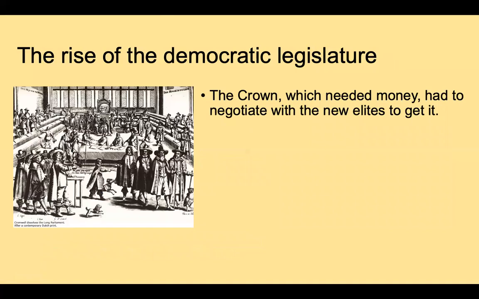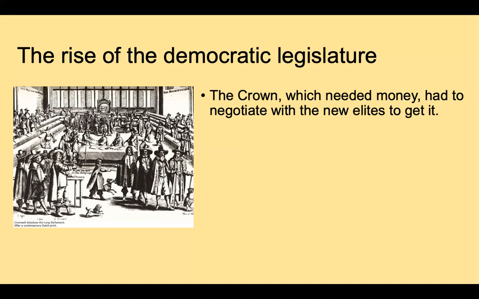Now, the crown still needed money because it's fighting wars. And not just that, but it's in an increasingly precarious position because of the costliness of wars, both domestic and civil, and the need to finance those conflicts with revenues generated inside the state.